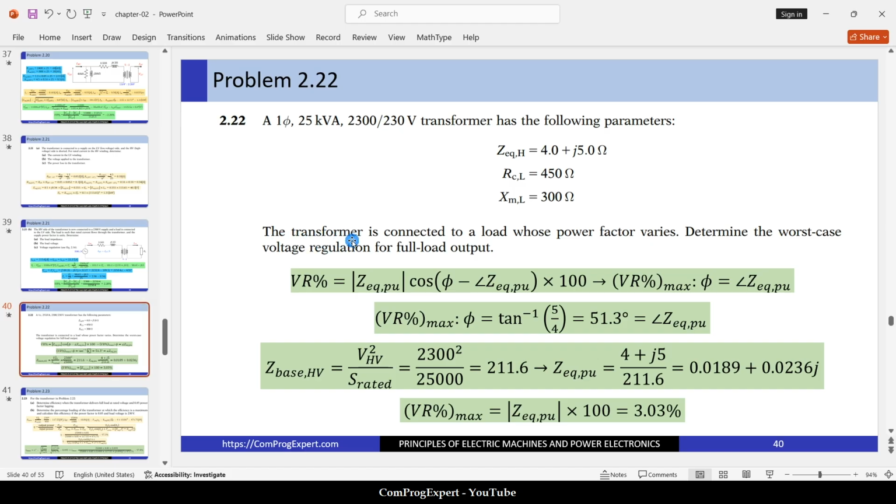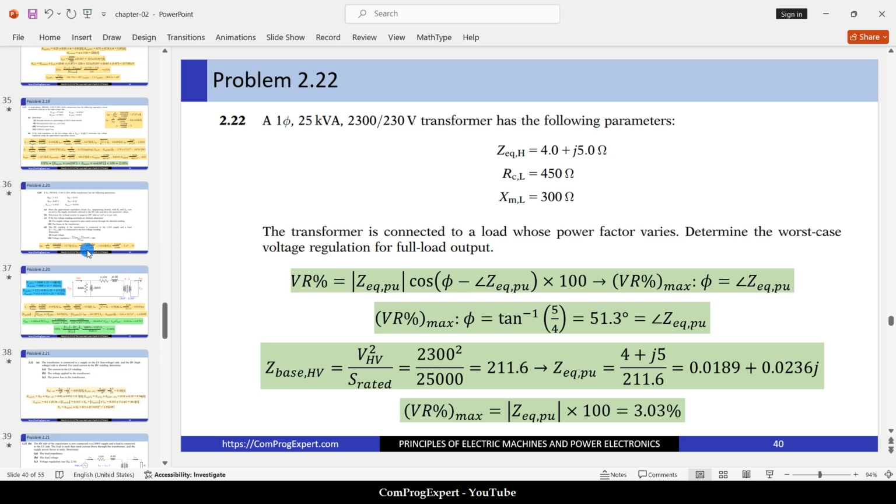The transformer is connected to a load whose power factor varies. Determine the worst case voltage regulation for full load output. By worst case, right, in this problem, we should calculate the maximum voltage regulation.